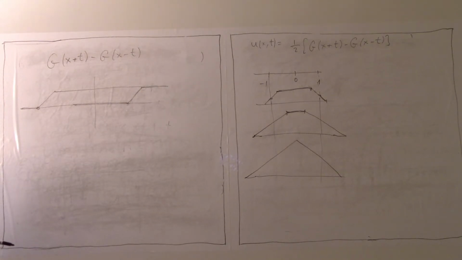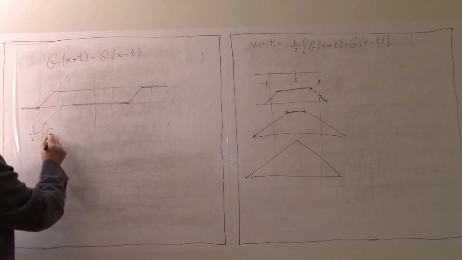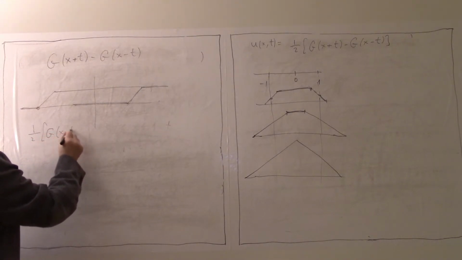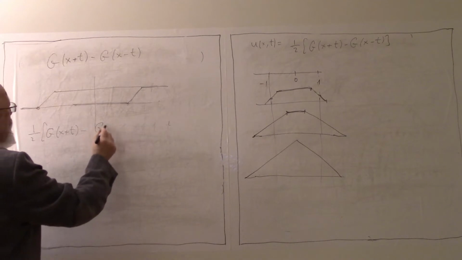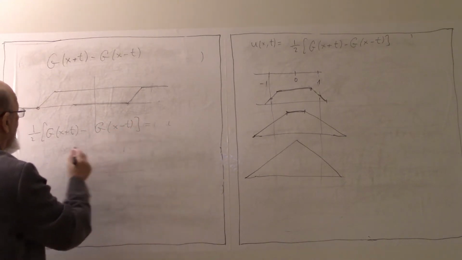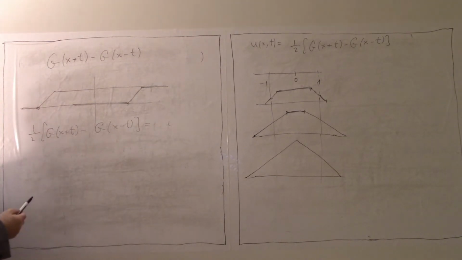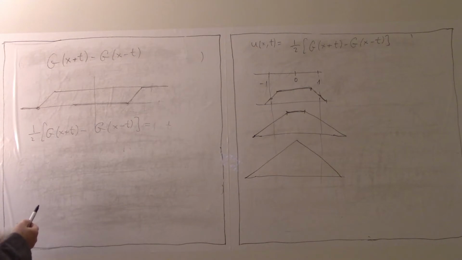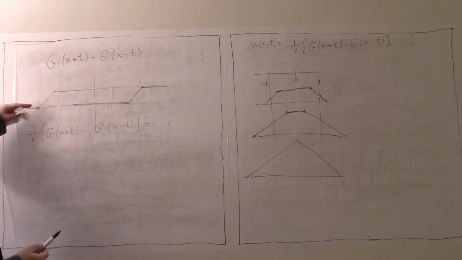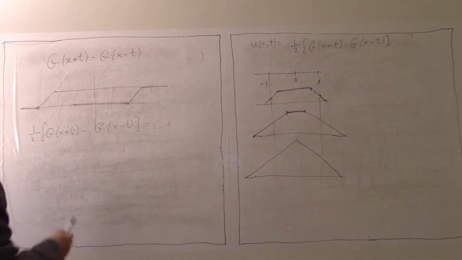This means that if you take 1/2 g of x plus t minus g of x minus t, then we have the following thing. These interesting parts where g is changing do not overlap.